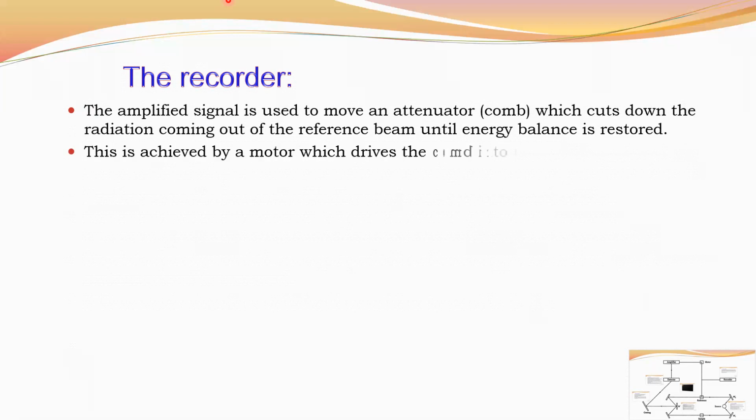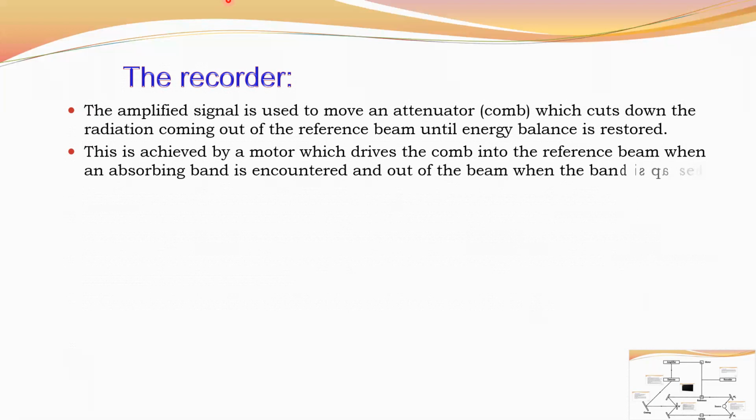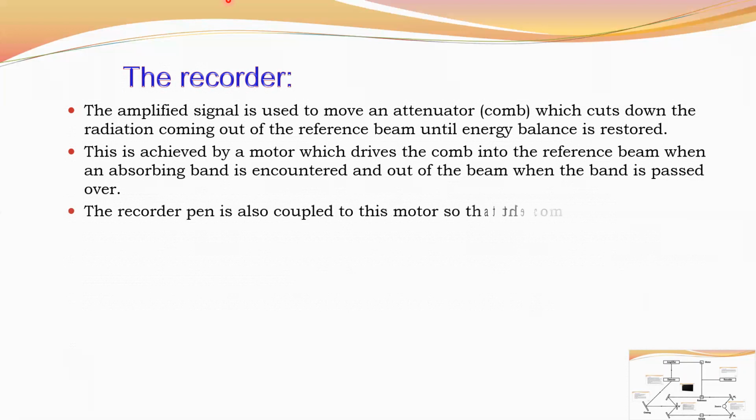This is achieved by the motor, which drives the comb into the reference beam when an absorbing band is encountered, and out of the beam when the band is passed over. The recorder pen is also coupled to this motor so that the comb movement is followed exactly by the pen.